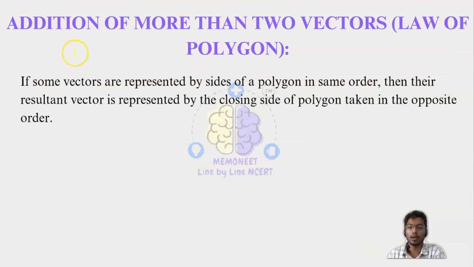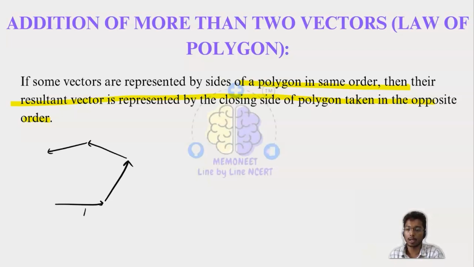For more than two vectors, that is the law of polygon. If some vectors are represented by the sides of a polygon in the same order, then the resultant vector is represented by the closing side of the polygon taken in the opposite order. Let's say we have A vector, B vector, C vector, and D vector.